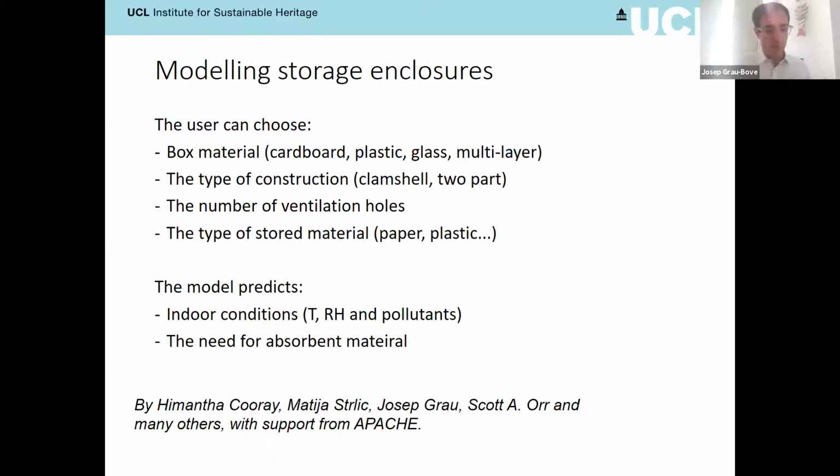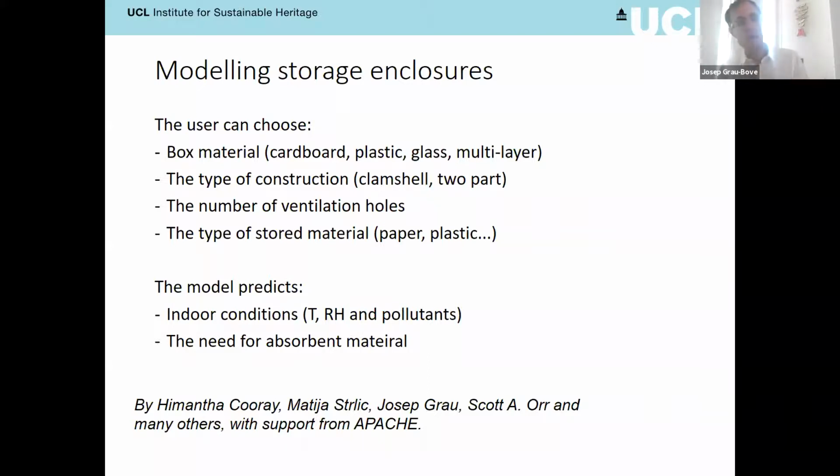It's a model in which the user can define any enclosure, any closed space, that could be a box, an envelope, or a display case. You choose the materials, you choose the size, you select which objects are inside and how hygroscopic they are. You can select the thickness of the materials, you can put holes in it, whatever you want, and then it predicts the conditions inside.